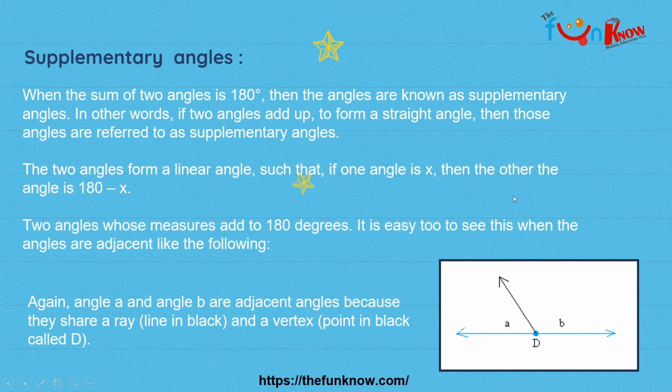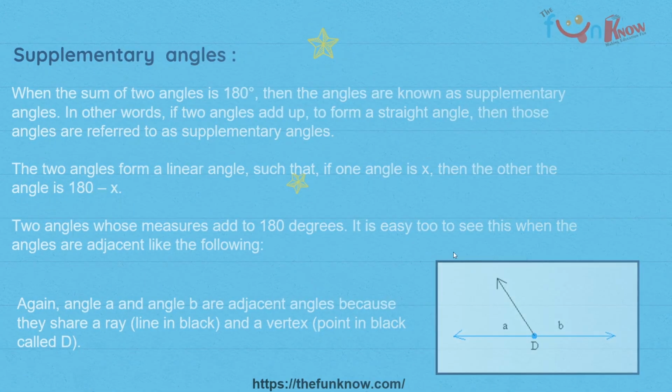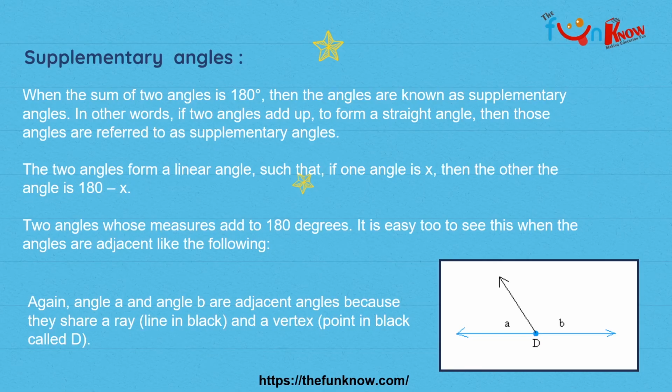So if you know the value of X, one angle value, and you don't know the value of Y, you can use the formula 180 minus X, the same formula, but here it is 180 because it is a supplementary angle, and then you can find the value of the other one. Two angles are added to each other, but the total value of adding two angles should be 180 degrees.